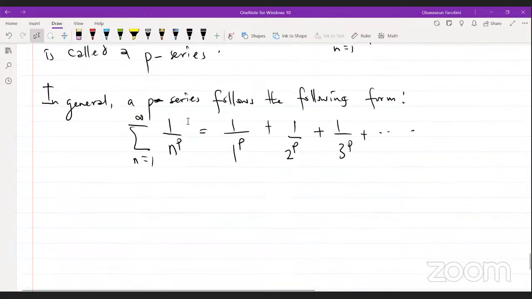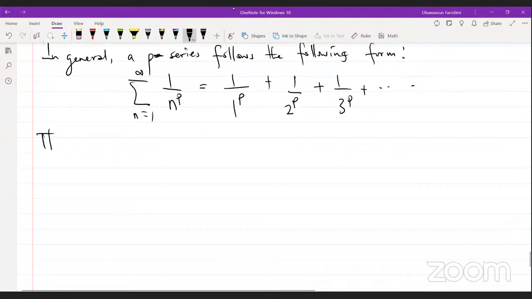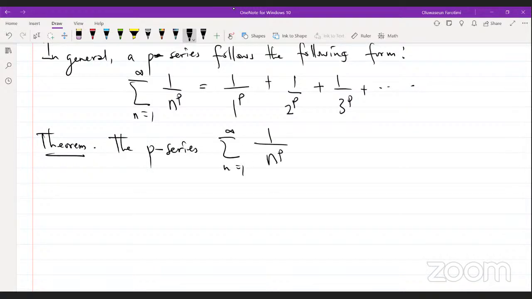Now let me state a theorem, a very useful theorem, guys, that centers on the P series. Okay, so the P series, this is n to the power of p. This p is a power, it's the index.